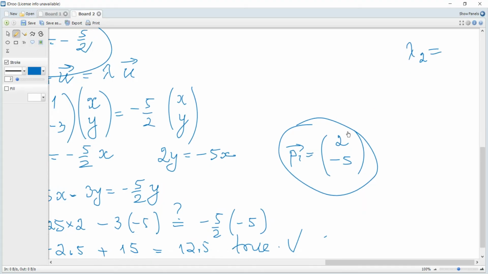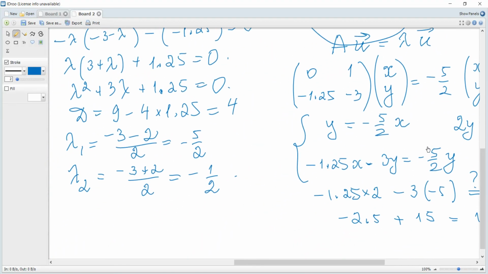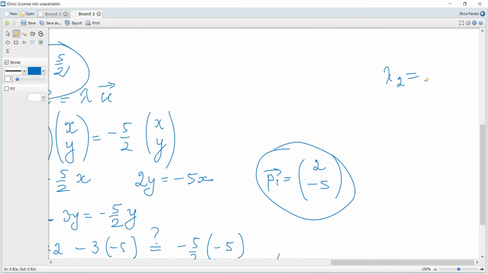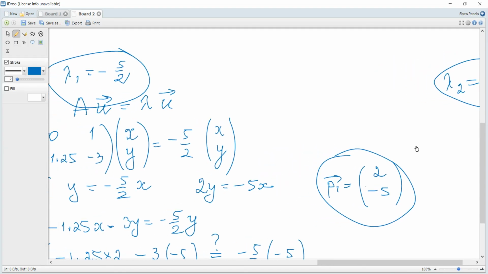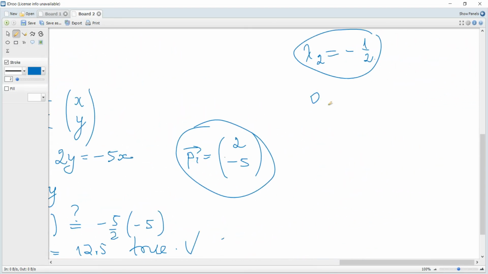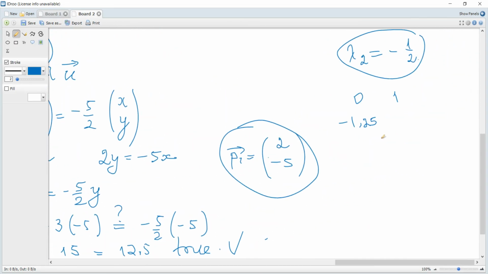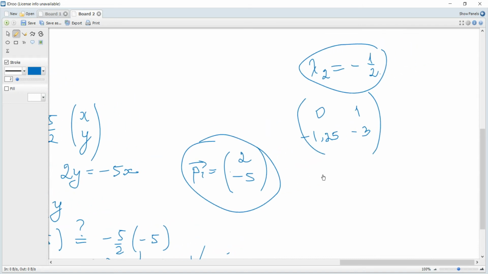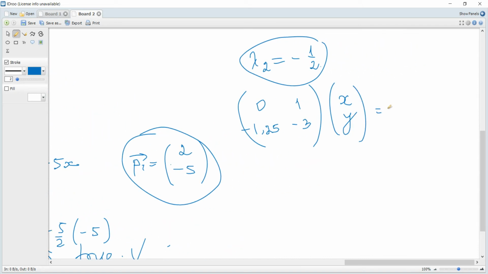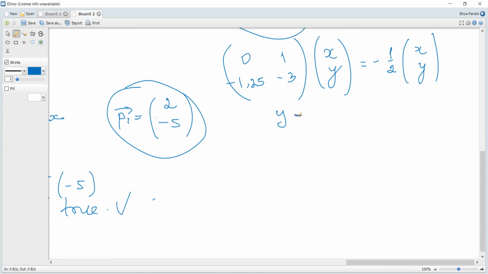Lambda 2 is what? Negative a half. The same, 0, 1, negative 1.25, negative 3 times x, y is negative a half x, y, and it becomes 0x plus y is negative a half x, and negative 1.25x minus 3y is negative a half y.